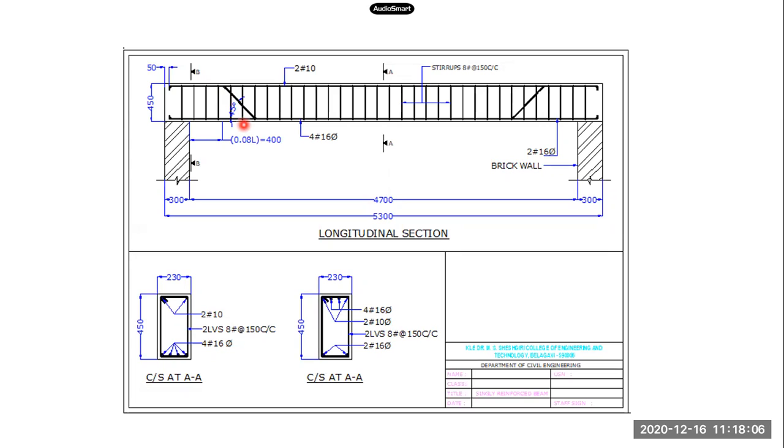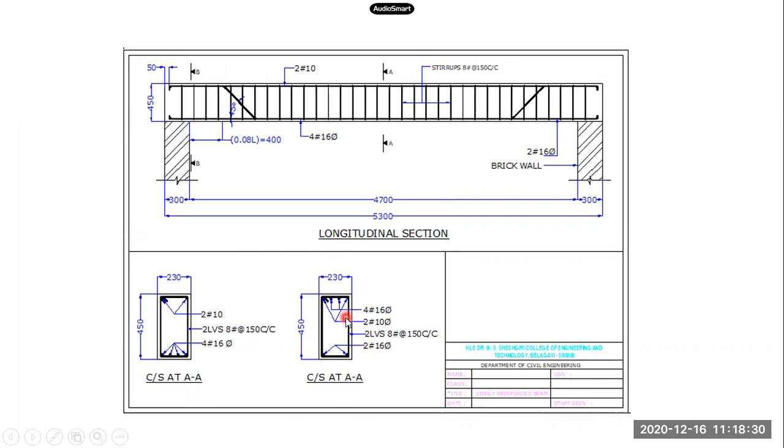If you visit any site nowadays, they prefer to have curtailment of the bars. So these are bent up bars. The purpose behind this is they also serve as shear reinforcement. It was there, but their effectiveness is not as good as the stirrups. So for that purpose, the bent up is not practiced nowadays.